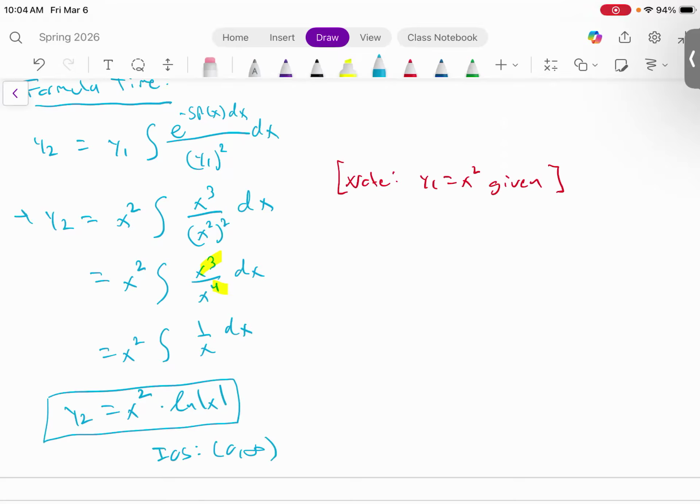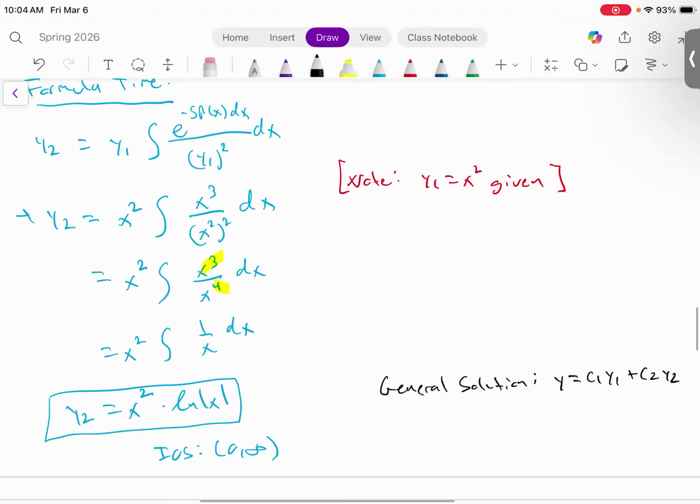But this is our y2. So we finally have our general solution. Remember, general solution is y equals C1 y1 plus C2 y2. We have our y1, we have our y2. And so we have y equals C1 x squared plus C2 x squared natural log of x.